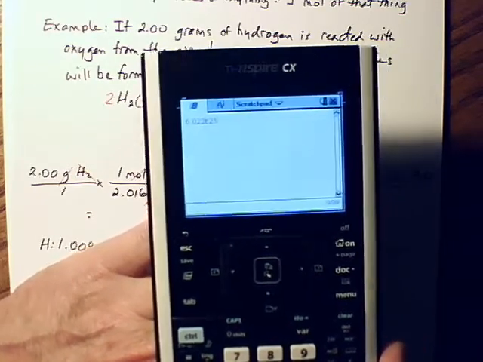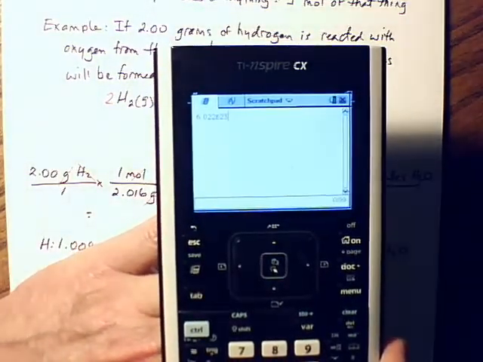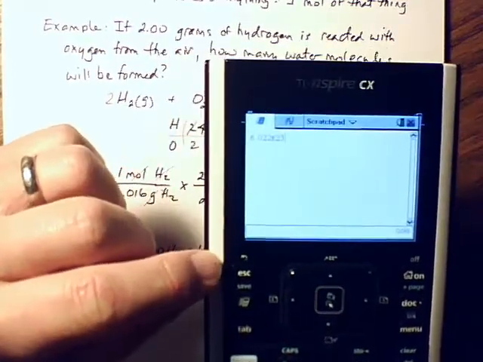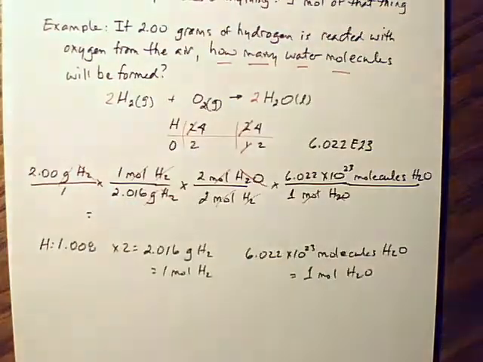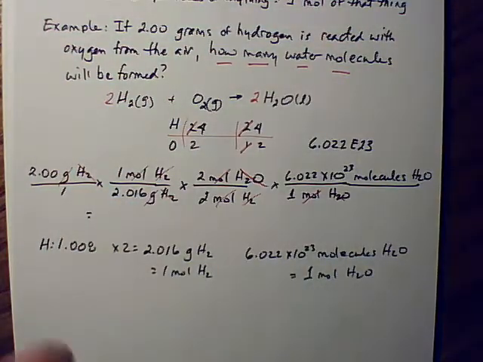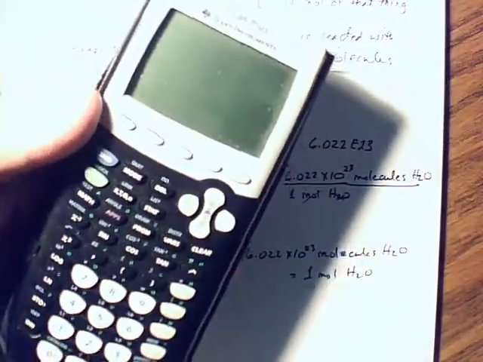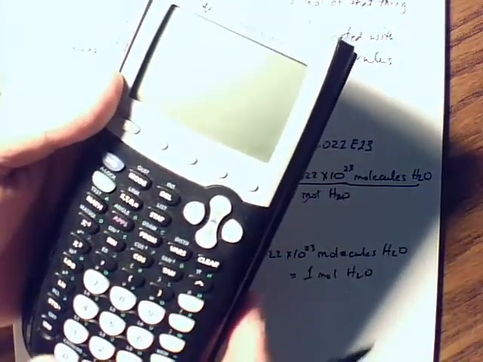Okay? Now, if you don't have a TI Inspire, more than likely you're going to have to put in 6.022 and then hit kind of an up button or something. Let's see, I've got another calculator here someplace I was using earlier. Here we go. Here's a TI-84. So the TIs kind of all work the same way.